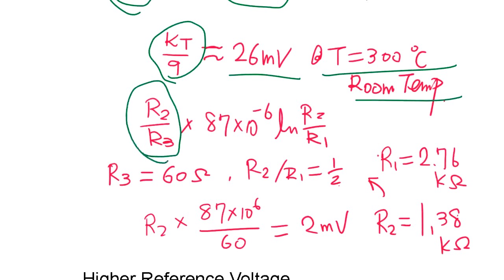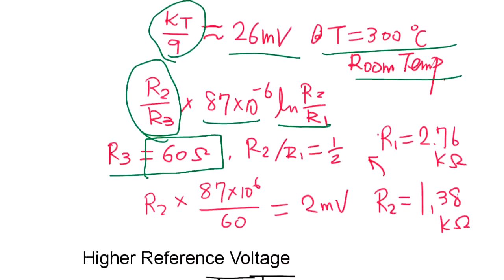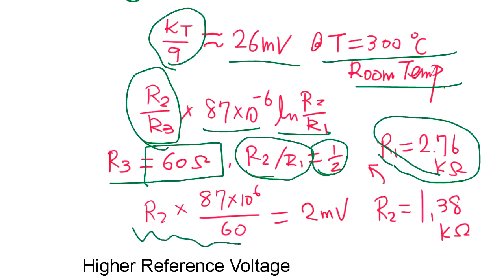Then we have this equation. If R3 experimentally, okay, R3 is 60 ohm, quite small. R3 is this guy, small, 60 ohm. Okay, and R2, R1 is, say, we make it half, okay, to make it easy. So then R1 is set to this value, we calculate, we can make about 2 millivolt, right, with R2, 1.338.